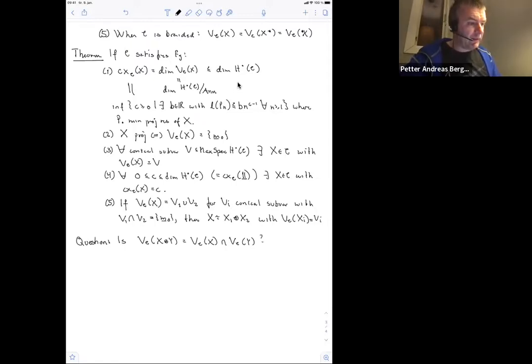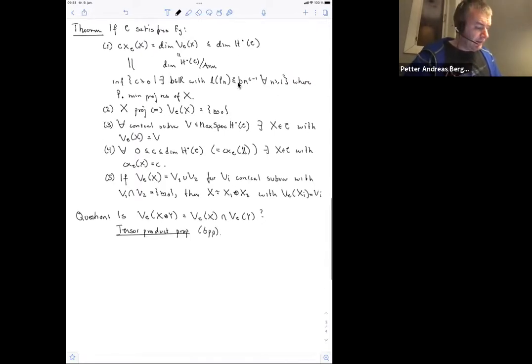And we call this the tensor product property. And then, for the typical finite tensor category, it's true. That's a theorem by Avrunin and Scott.